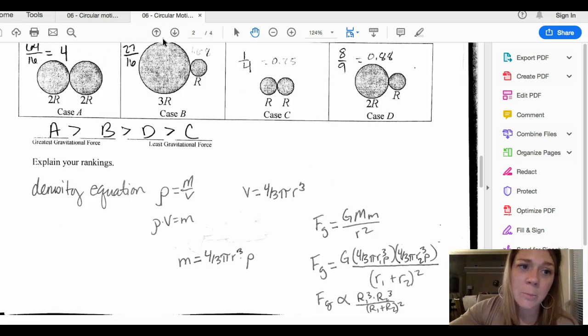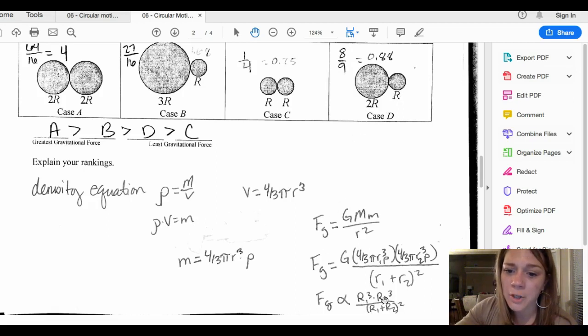So the numbers you see that I wrote up here are taking the product of the cube of the R's divided by the sum of the R's squared. So let's take this 8/9 for example. We have 2R and we have R.